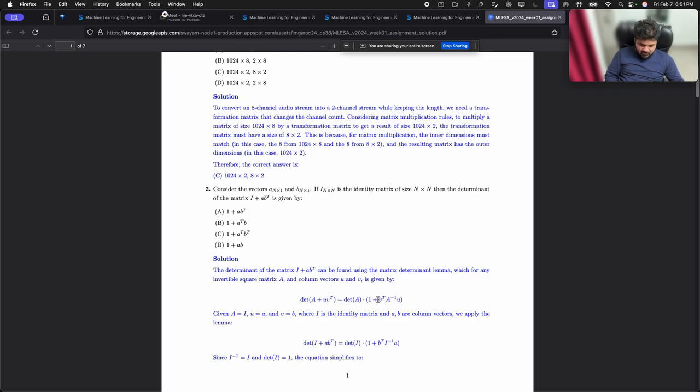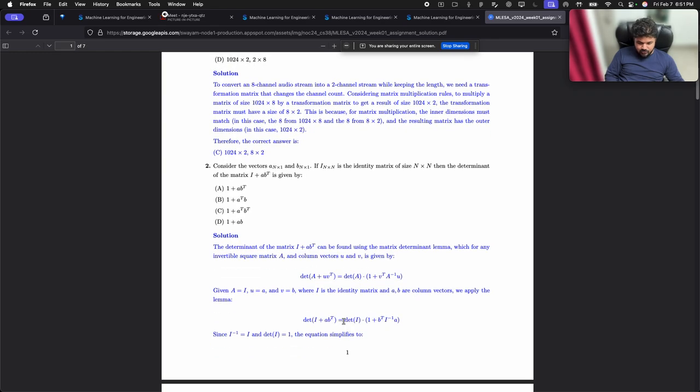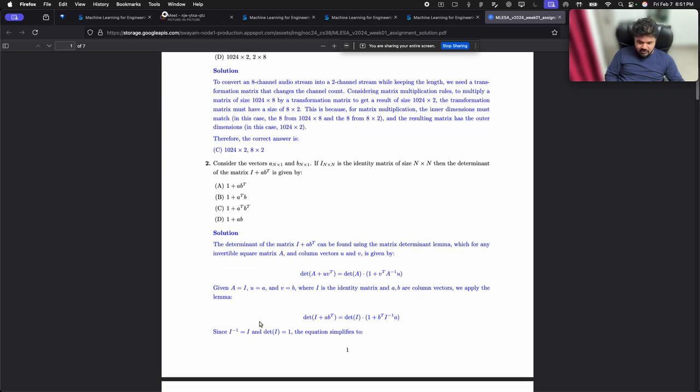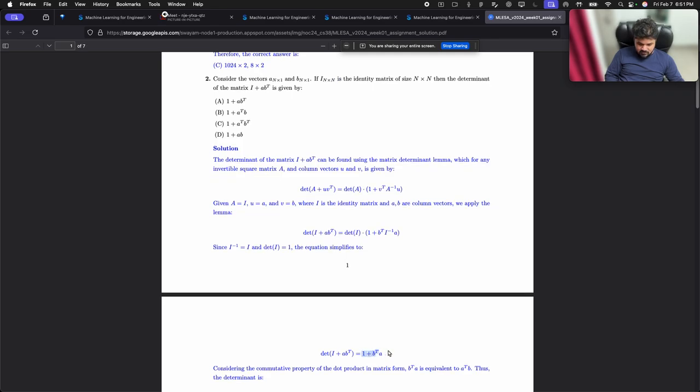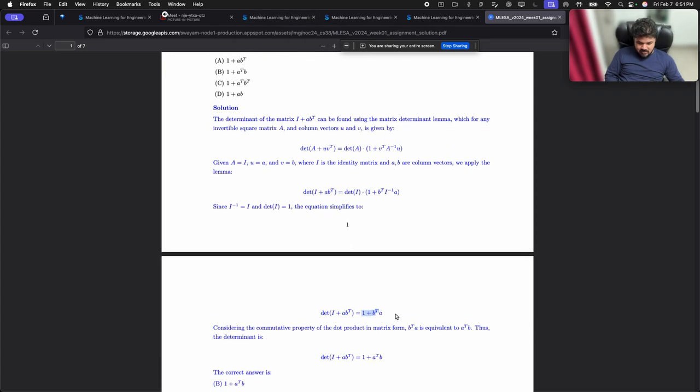So you basically swap these matrices. This is the lemma. So if you put it here, the determinant of I is always 1, so this equation simplifies to B transpose A, correct? And once you write in this format, you get this commutative property.